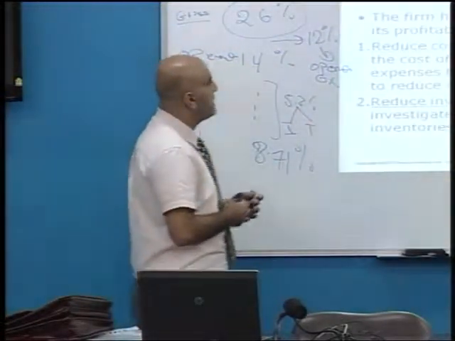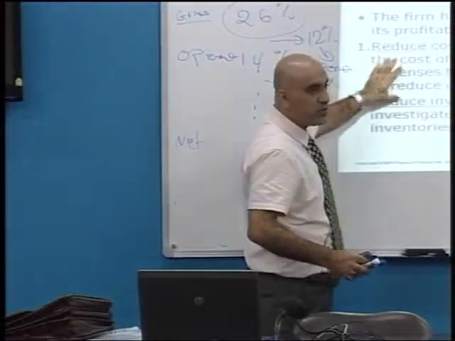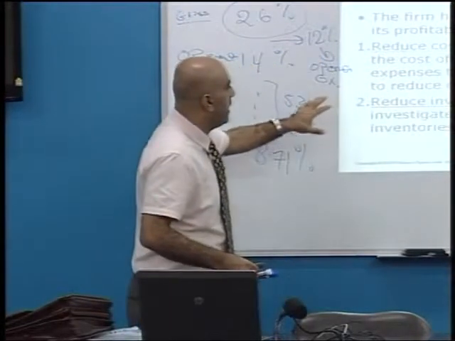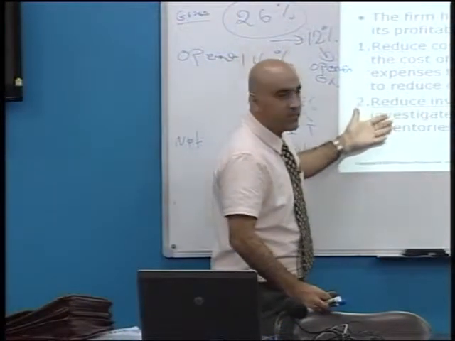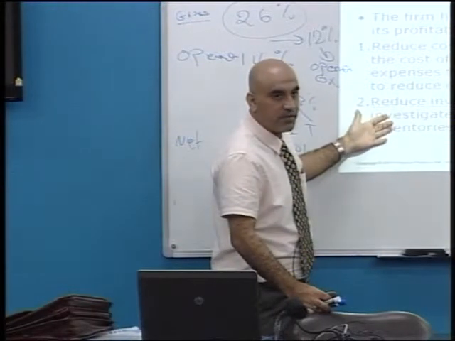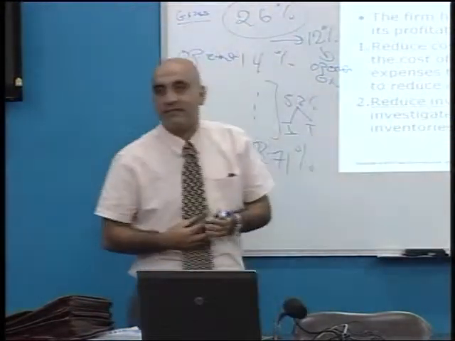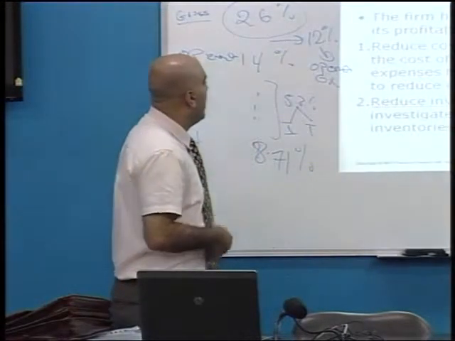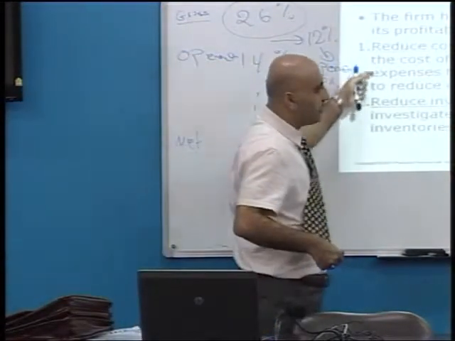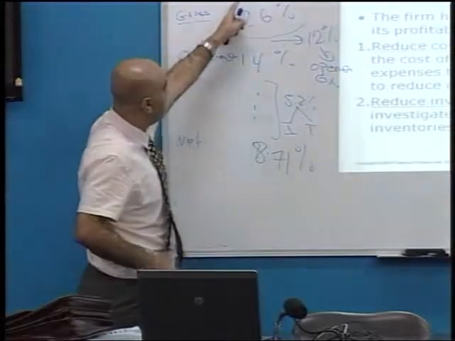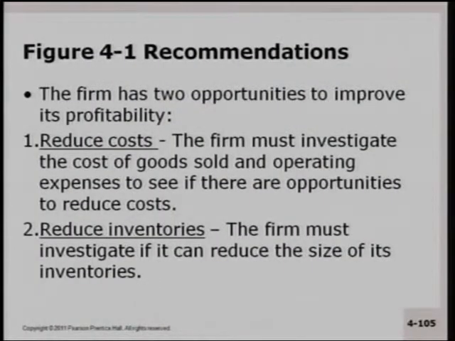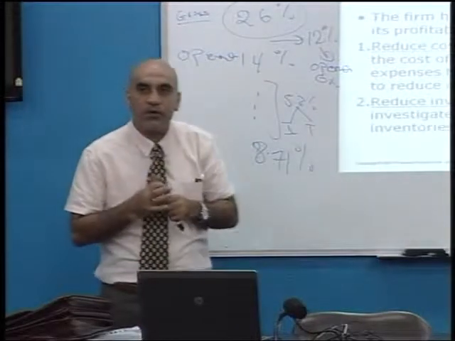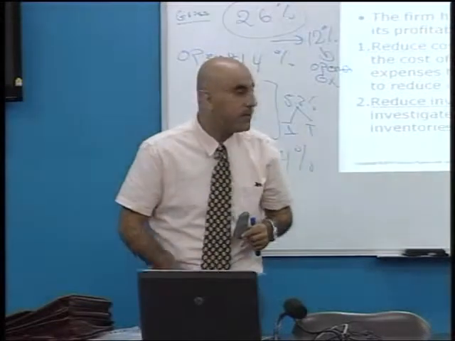So it's important to look at how we can reduce the cost, and as we mentioned before about the inventory, because we observe that the inventory is high, so we should think. And as we mentioned, when I talk about 74%, it is high, so we should think about the cost of goods sold.